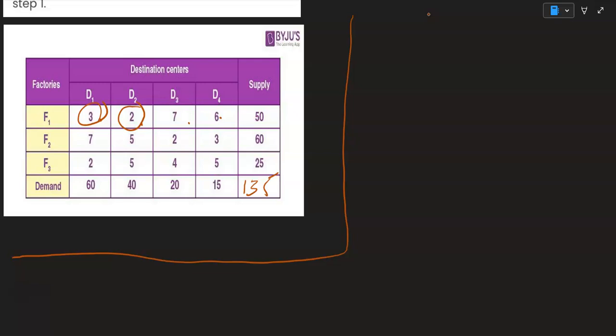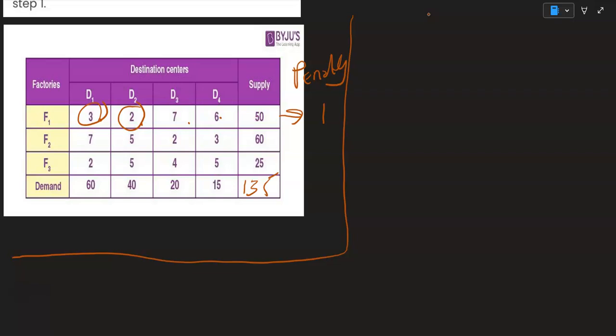Then subtract the smaller from the bigger. So 3 minus 2 gives you 1, right? In the same row here, you put 1. That's the difference. This is called the penalty. Okay, you write it like that.